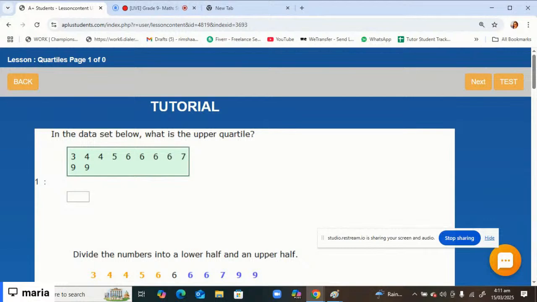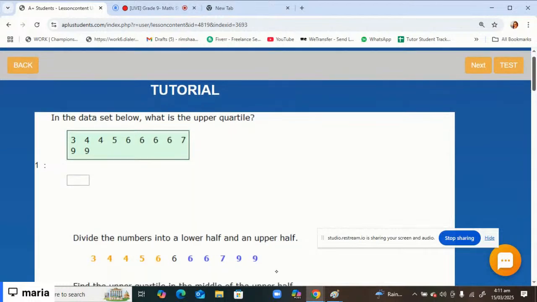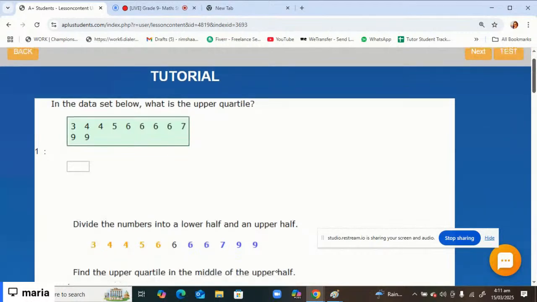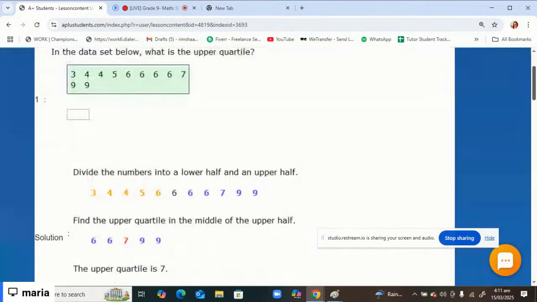The quartiles divide the number of data points into different parts, or quarters. Look at here, this is the data: 3, 4, 4, 5, and 6, 6, 6, 6, and 7, 9 and 9.